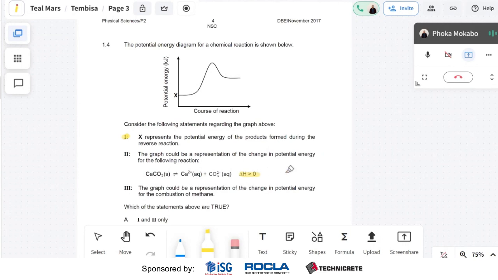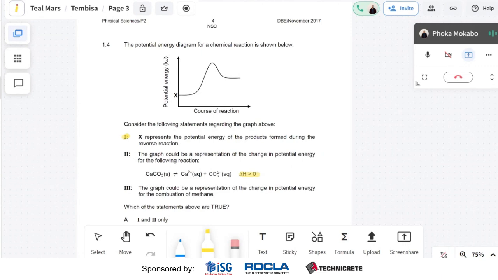What do we mean by that? Now, an endothermic reaction is one in which your reactants start off with less energy than the products. It's a reaction in which you take energy from your surroundings into the reaction, and you end up with a greater energy level at the end than you did in the beginning.